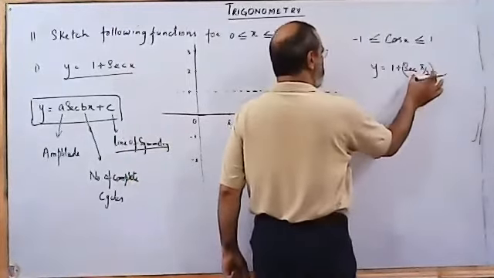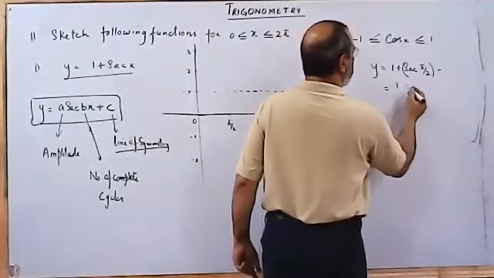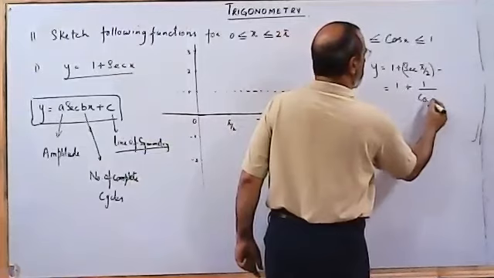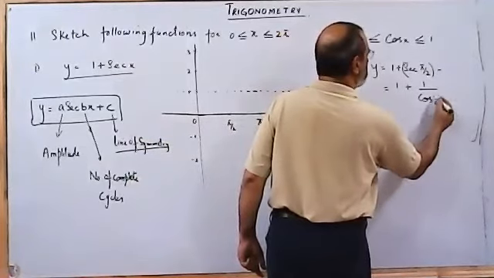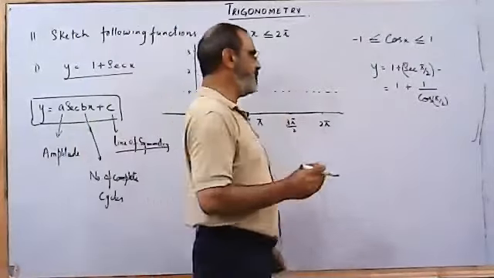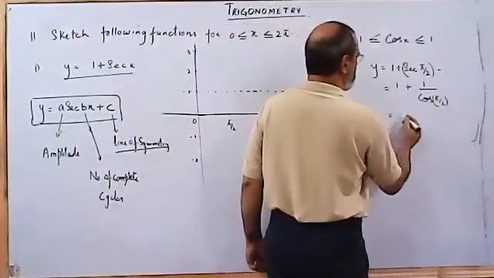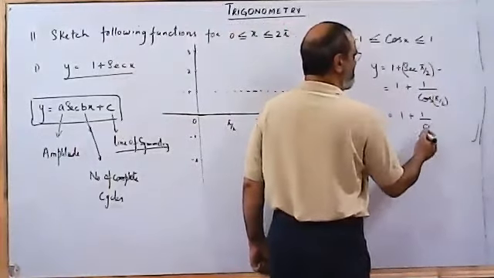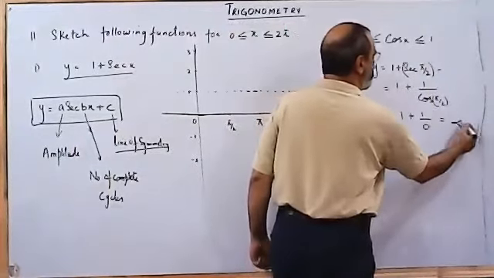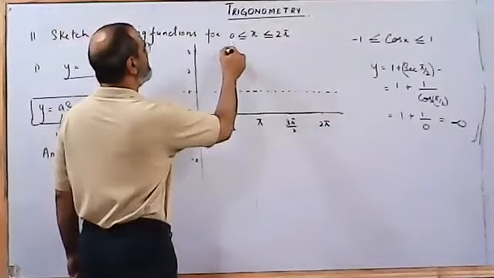You won't get the value of secant pi by 2 directly, so instead I'll take 1 plus 1 over cos pi by 2. Cos pi by 2 is 0, so 1 over 0 will give you infinity. So at pi by 2, the curve is infinite.